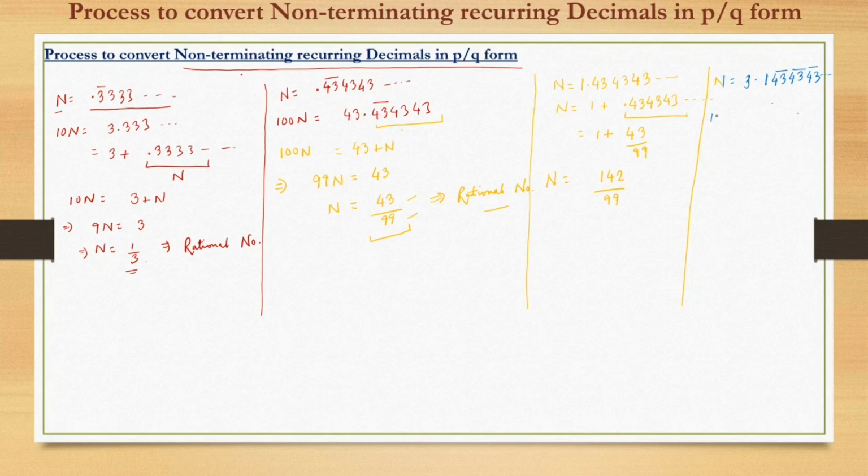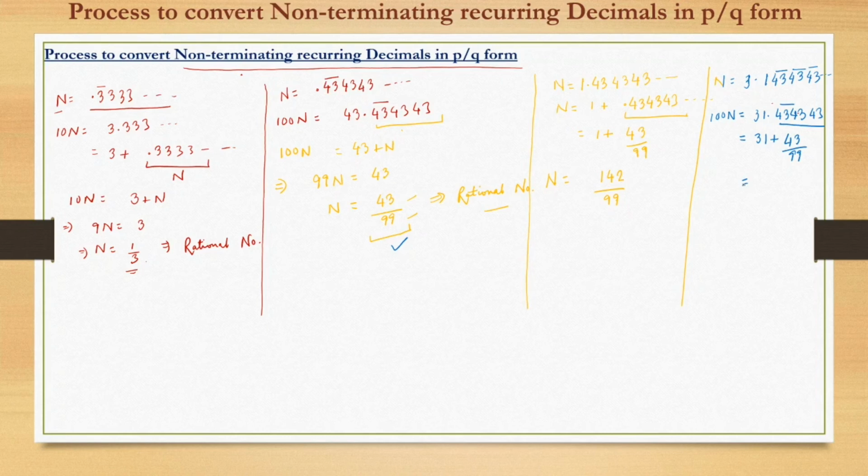So again we will multiply with 100 on both sides. 100n is equal to 314.34343. It's repeating, and this we can write as 31 plus 0.434343, and this can be written from here as 43 by 99.